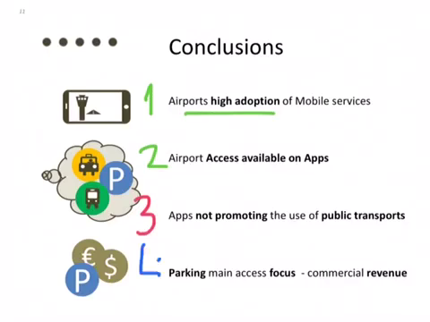And fourth, parking had the main focus in those mobile applications, both in the presence of information and in the booking functionality, as the only commercial revenue from the airport surface access area.